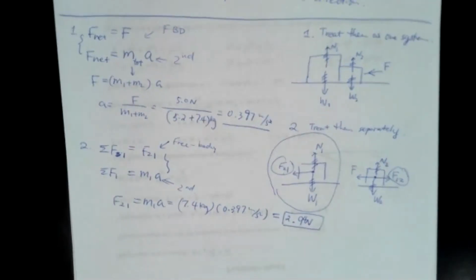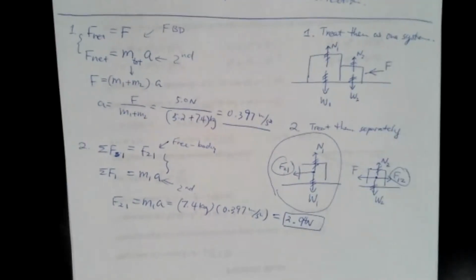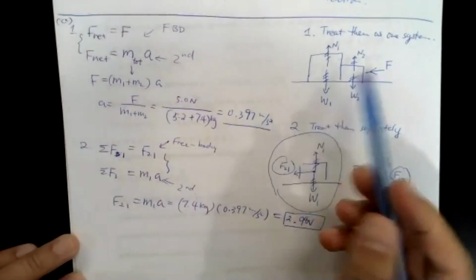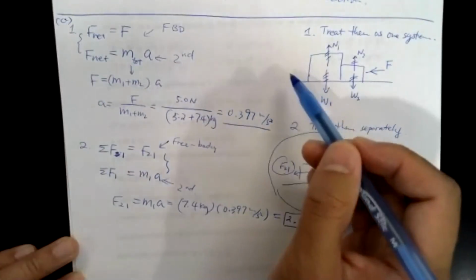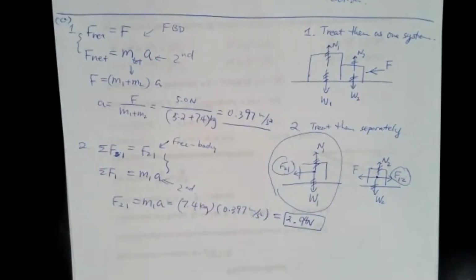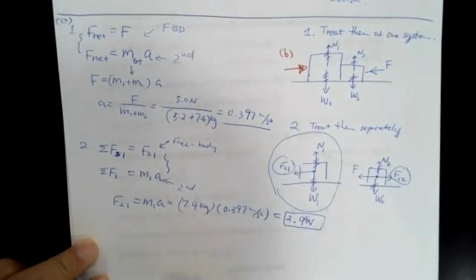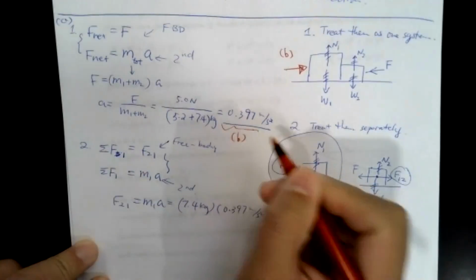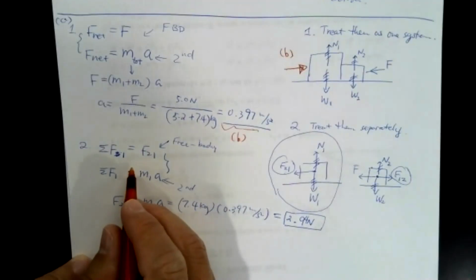Quickly on part B, if you are applying force in the other direction, you again follow the procedure and treat them as one system. So the force is acting in the other direction on part B. The acceleration is going to be the same magnitude, but the direction should be to the right.